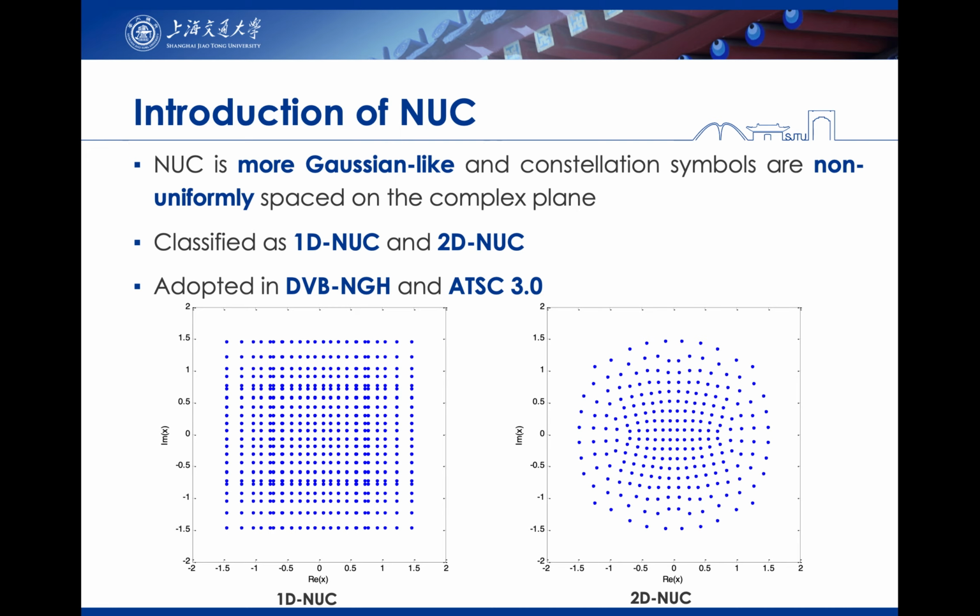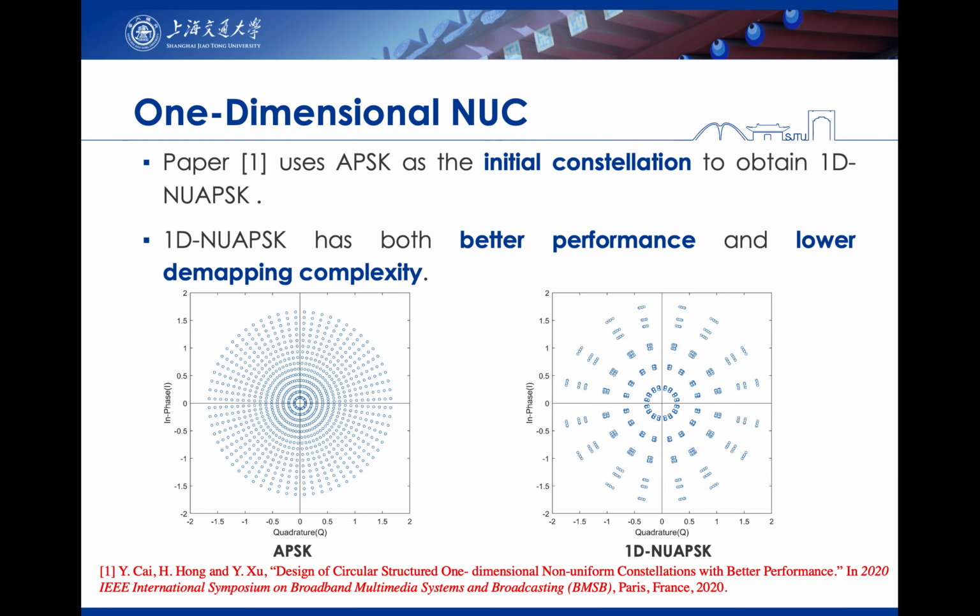One-dimensional NUC keeps the rectangular shape but doesn't have equal distances between adjacent constellation points, while two-dimensional NUC is more flexible and with no fixed shape. Paper 1 uses APSK as the initial constellation to obtain NU-APSK. NU-APSK still remains its round shape and has both better performance and lower demapping complexity.